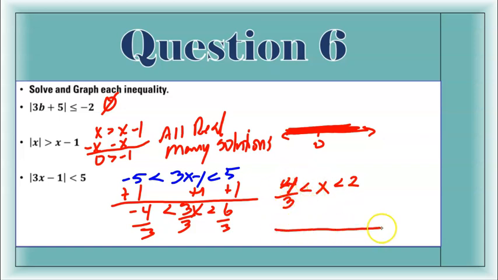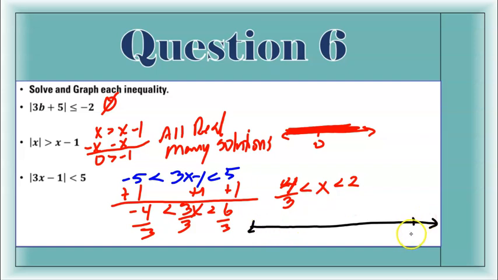And now on a number line, I'll say this is 0, this is 1, this is 2, this is 3. I'm going to have an open circle at 2, because it cannot equal 2, and an open circle at negative 4/3, which is negative 1 1/3. So I've got to fix this. So my number line would be here.